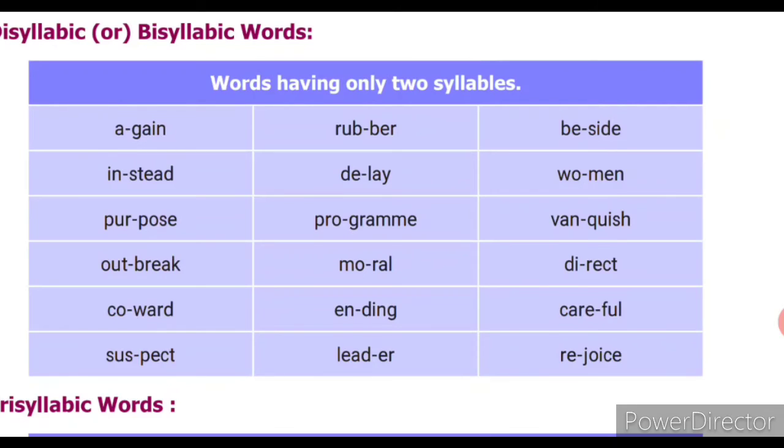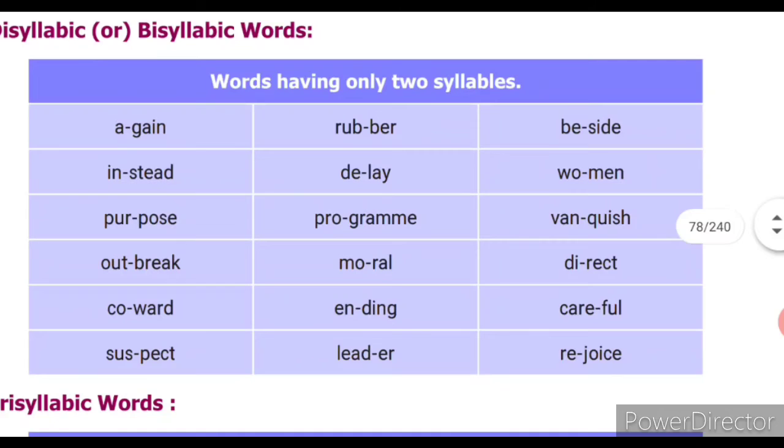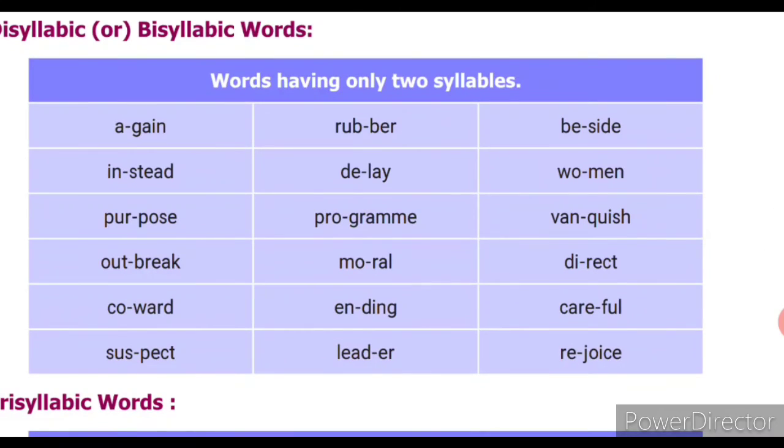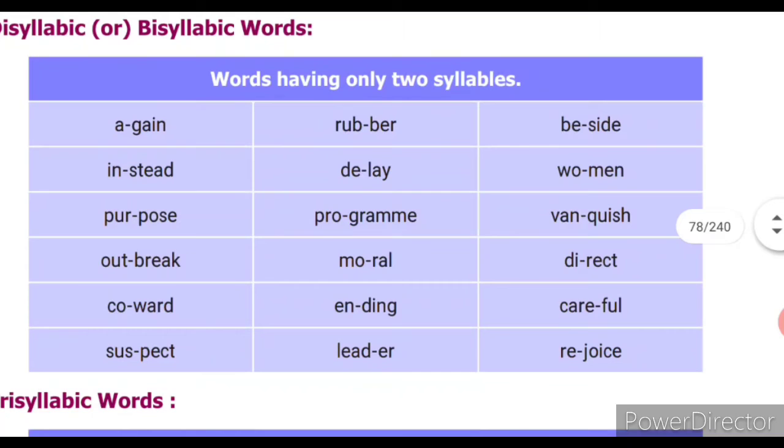outbreak, moral. Okay, direct. Here in moral and direct, it's all the long vowel. So in moral, the consonant is going with the second vowel. In the same way in direct, that consonant is going with the second vowel. According to the rule, it has been split here. You can compare this with the rules.